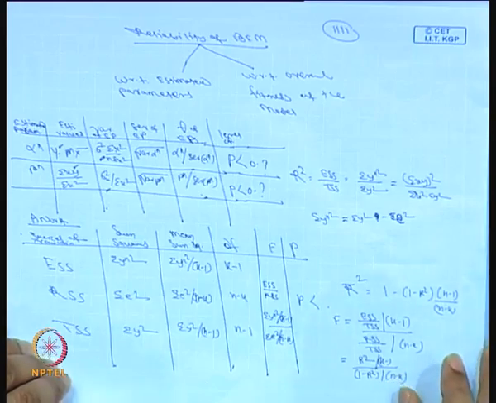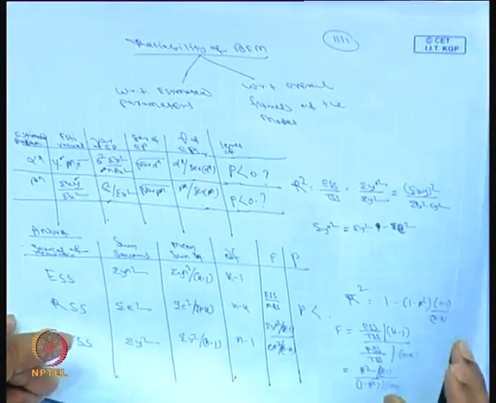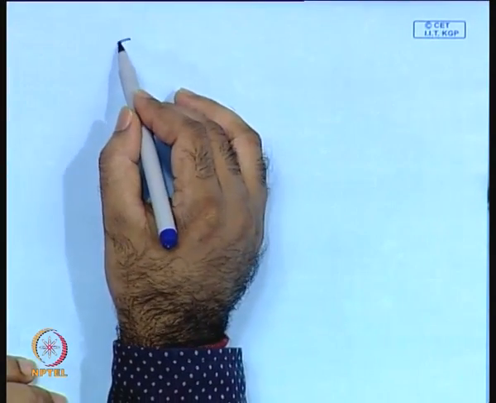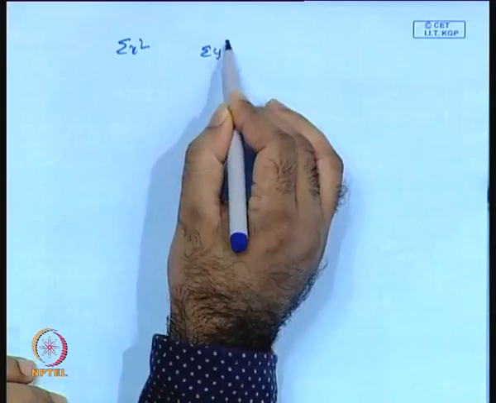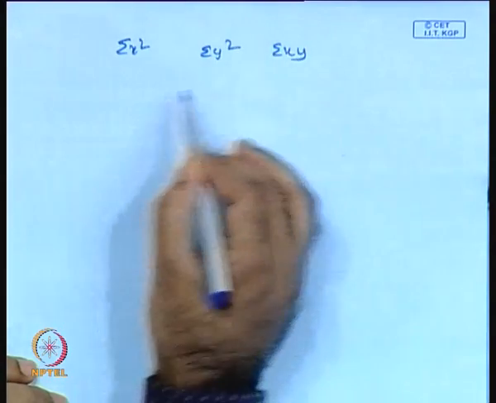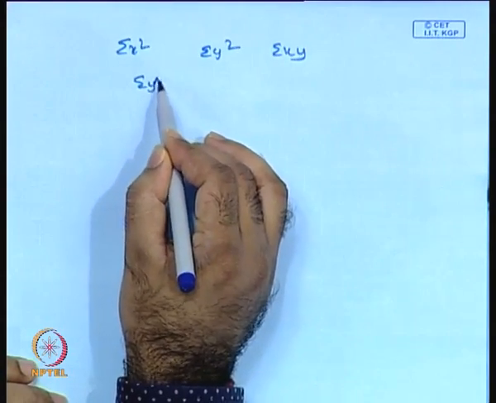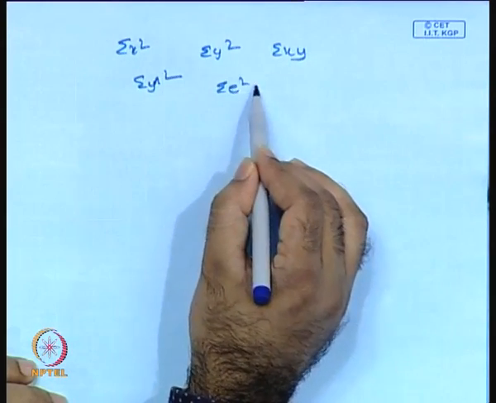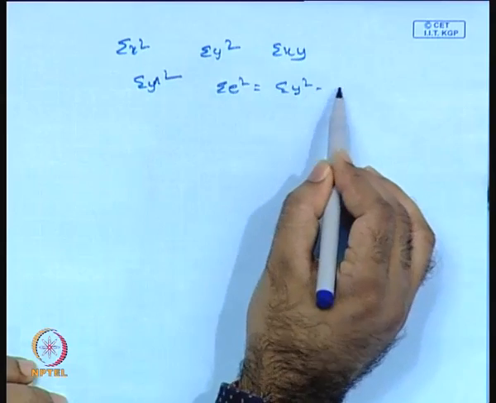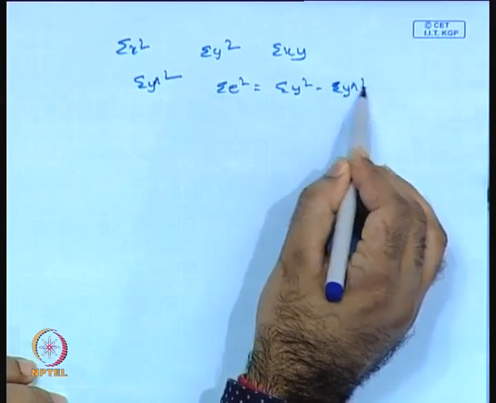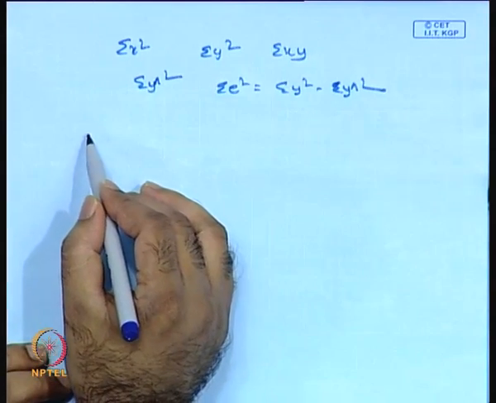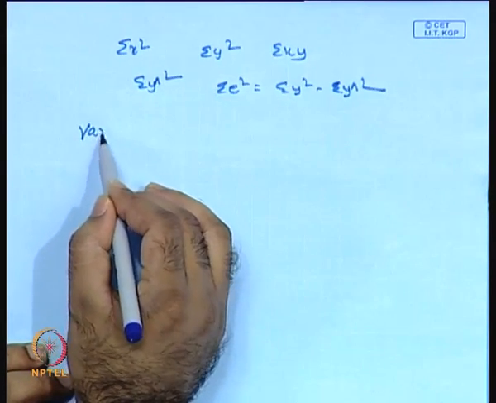So, once you get all these details, we have summation x square, summation y square, summation x y, summation y hat square. Now we need to calculate summation e square, which equals summation y square minus summation y hat square. Okay. The moment you get all these things, then you go for variance of alpha hat.